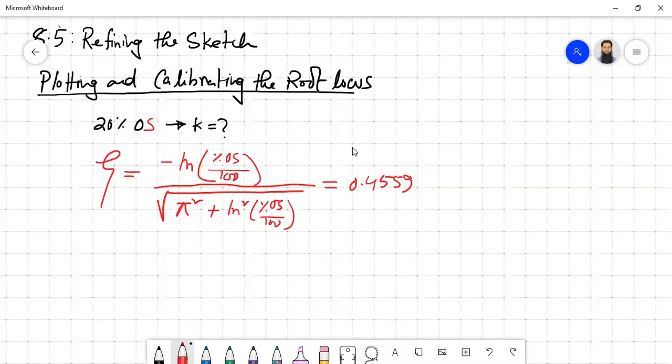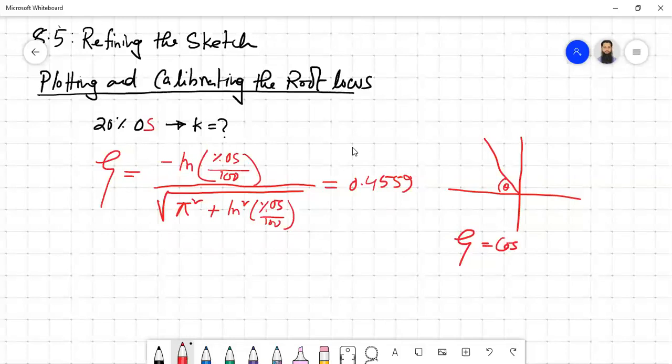We know that if we draw the line here, we can find an angle theta, so zeta equals cos theta. If you have any pole or zero here, you can easily find the angle, and correspondingly the zeta value of that point or any point on that line.